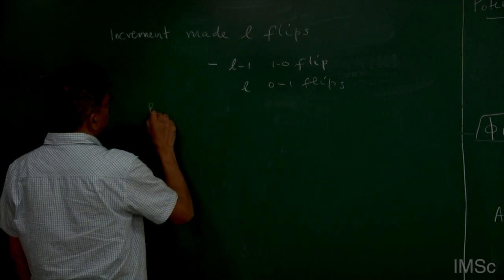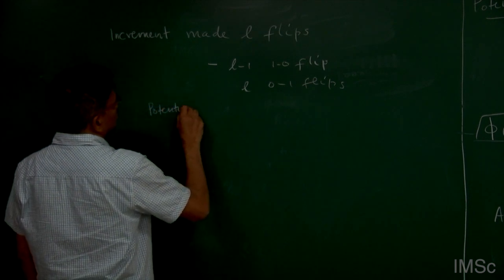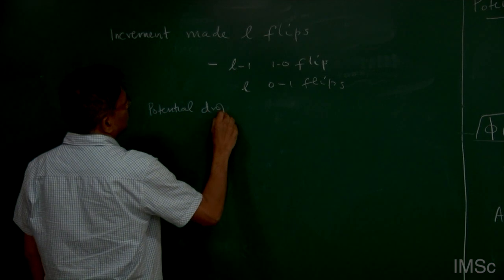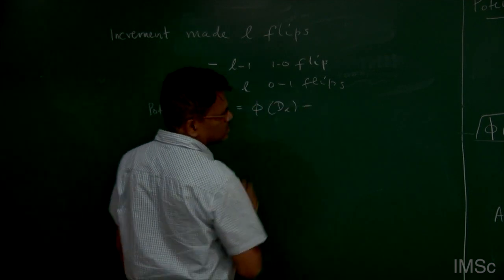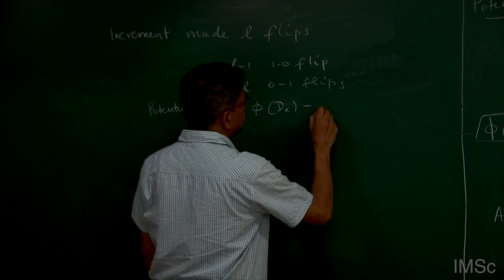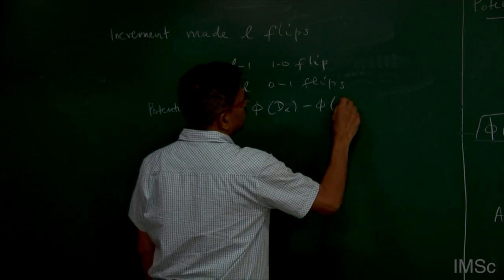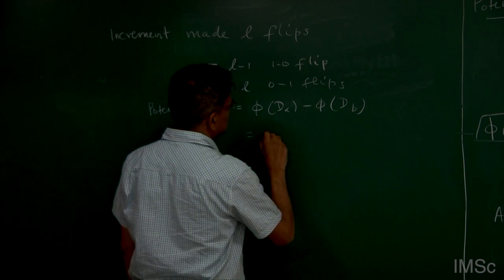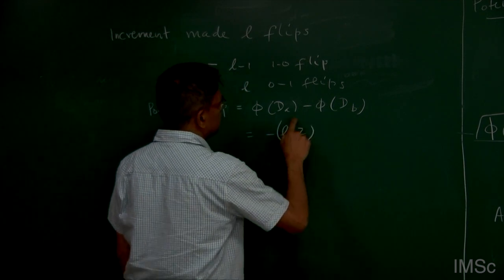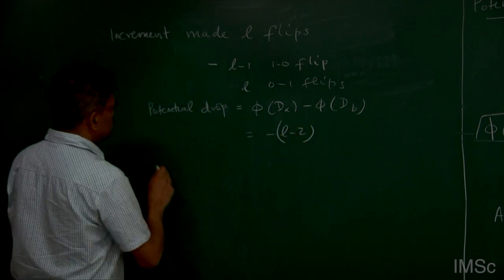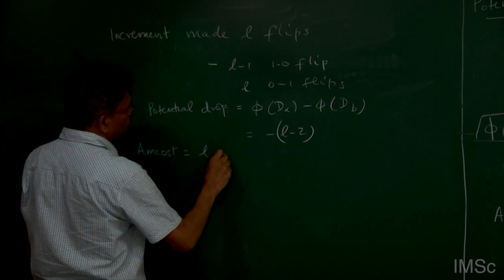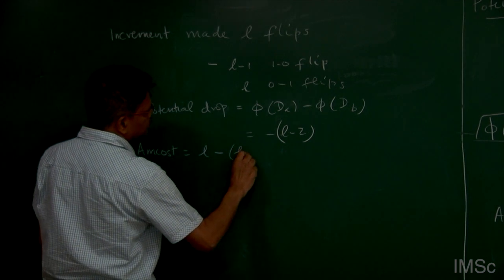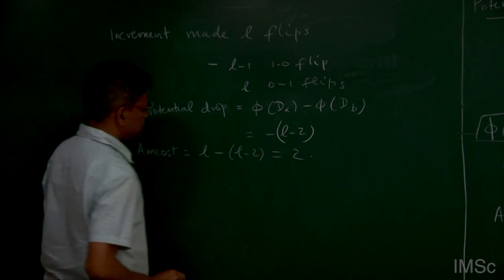So the potential drop, which is the potential after minus the potential before, is minus of L minus 2, because that's a drop. So the amortized cost is the actual cost plus the potential difference.